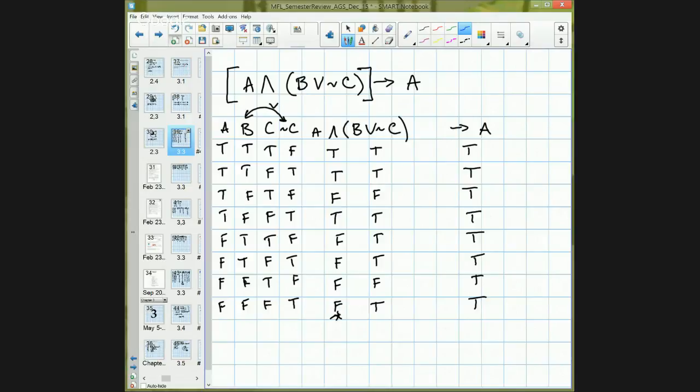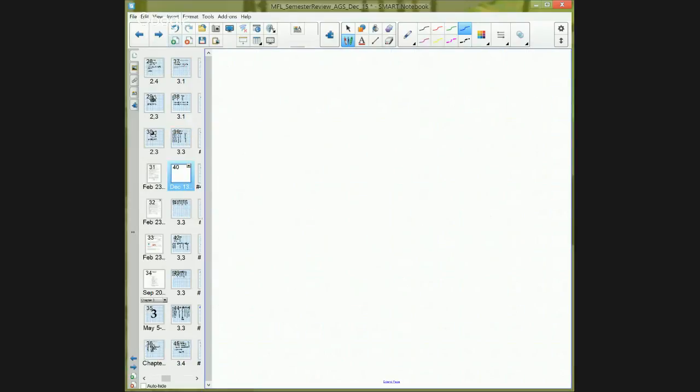Here, let me write out a few of these. No, the biconditional is true when they're alike. Let me just run through this. The first one Michelle talked about is this one, and like she said, that's only false when you start with a true and you end with a false.